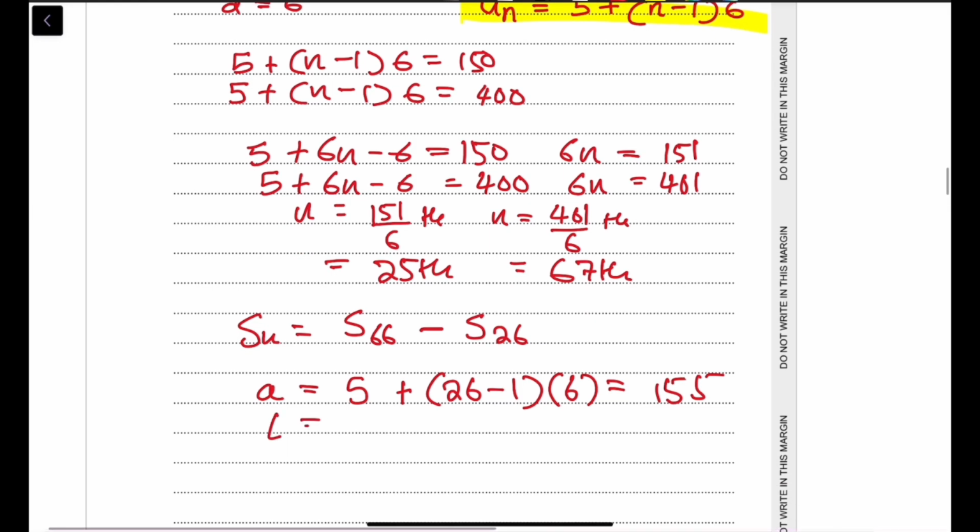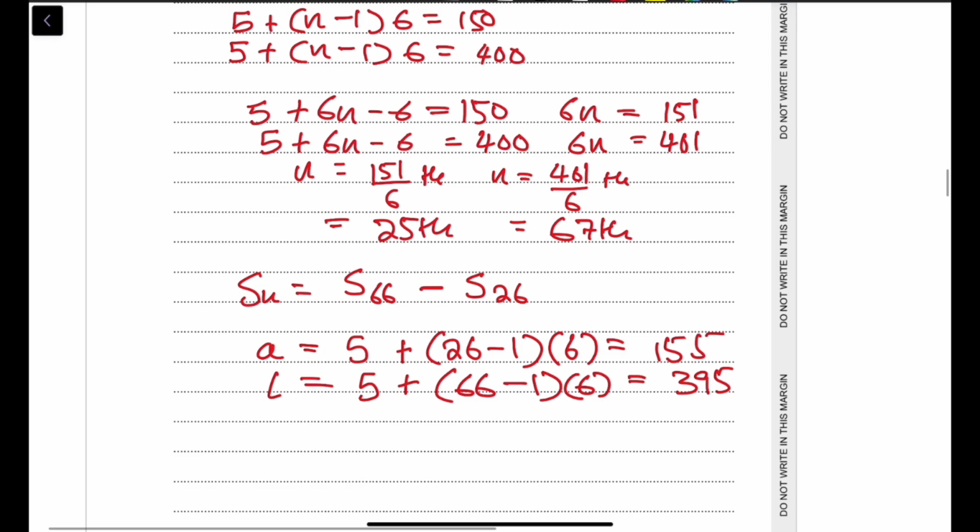And then our last term is our 66th term, so 5 plus 66 minus 1 times 6 equals 395. n is the number of terms, so 66 minus 25 terms, which is equal to 41.